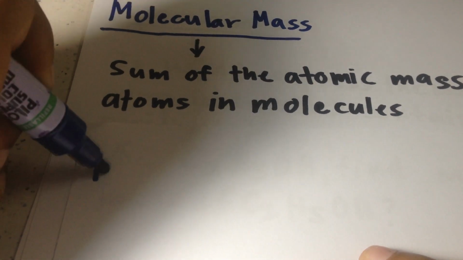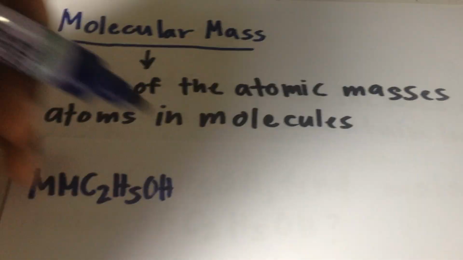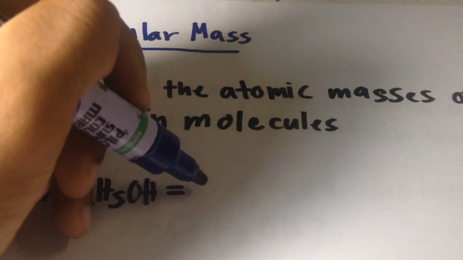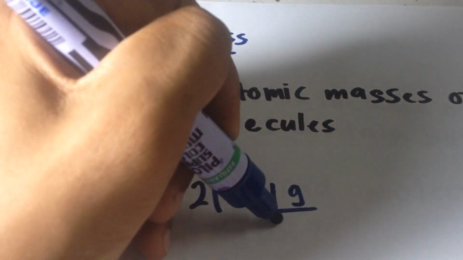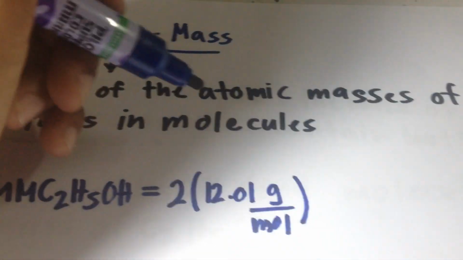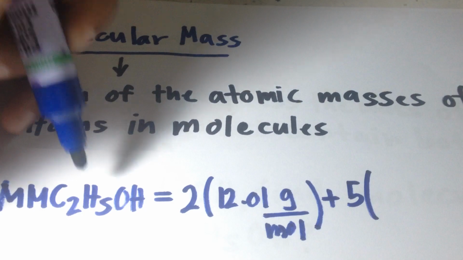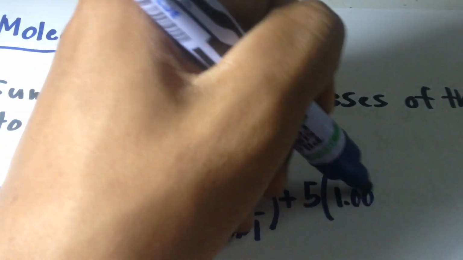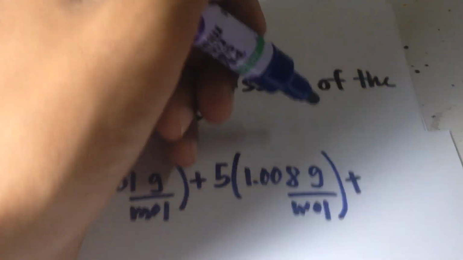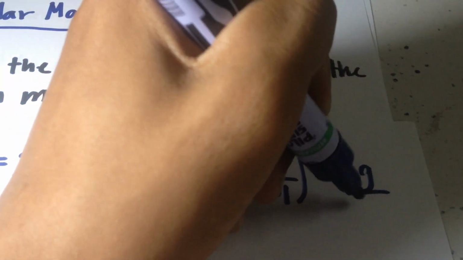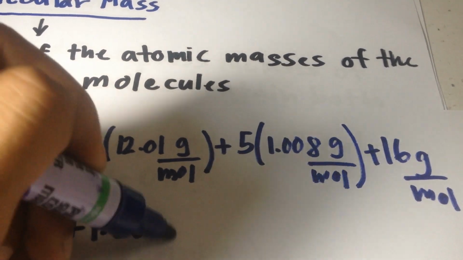Molecular mass of C2H5OH equals the subscript of carbon, which is 2, so 2 times the molecular weight of carbon, which is 12.01 grams per mole, plus the subscript of hydrogen, which is 5, so 5 times the molecular weight of hydrogen, which is 1.008 grams per mole, plus 16 grams per mole, plus 1.008.